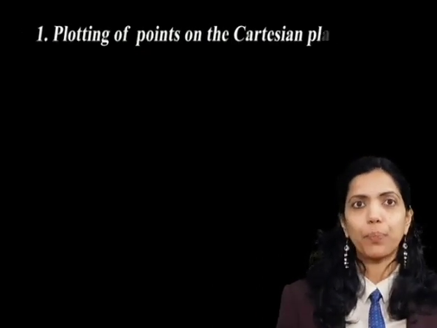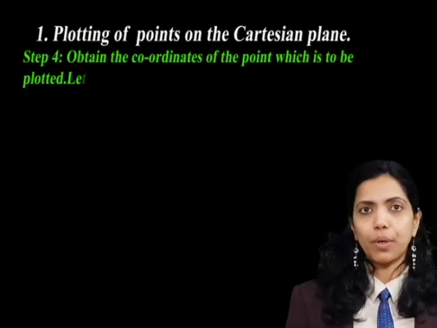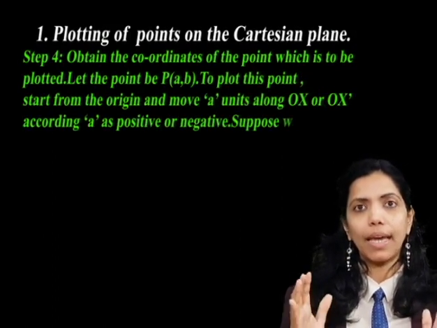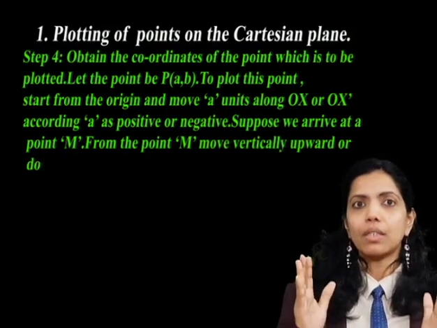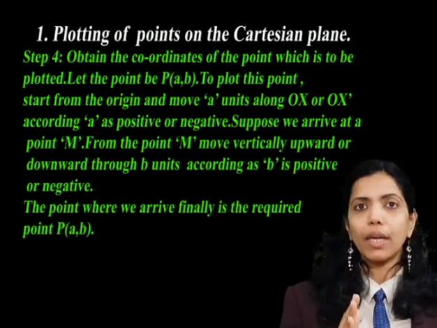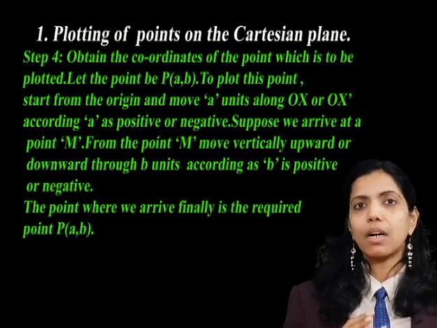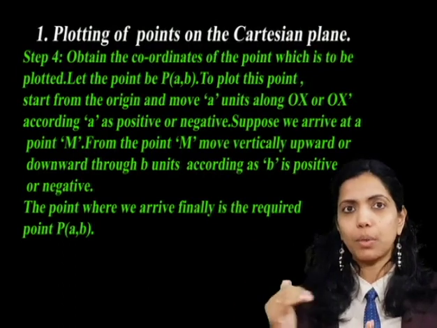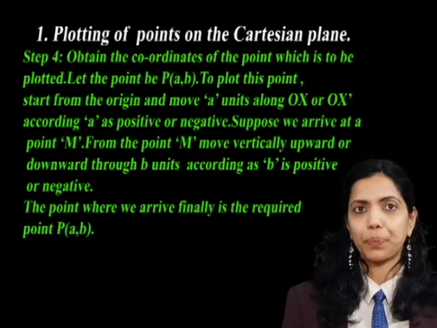Now, step 4. Obtain the coordinates of the point which is to be plotted. Let the point be P(a, b). To plot this point, start from the origin and move a units along OX or OX', according to a being positive or negative.